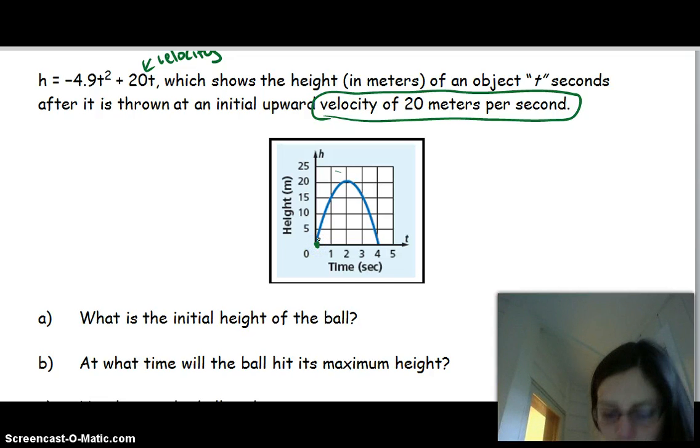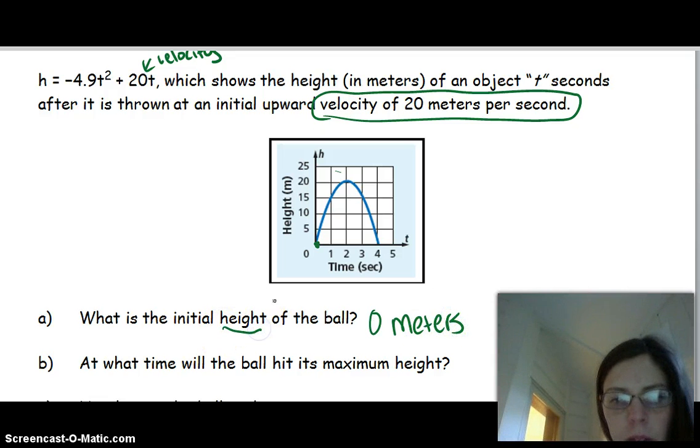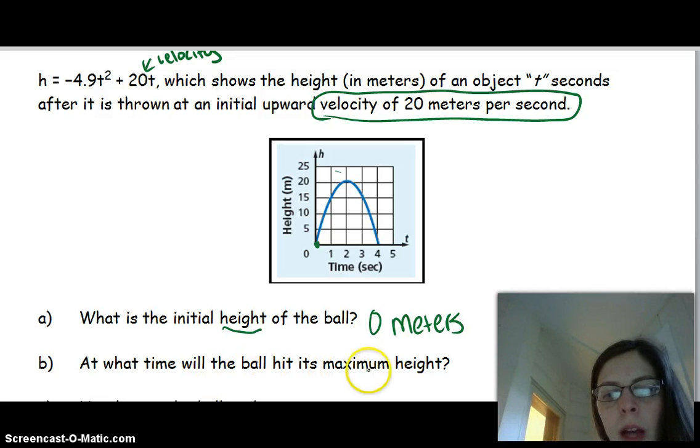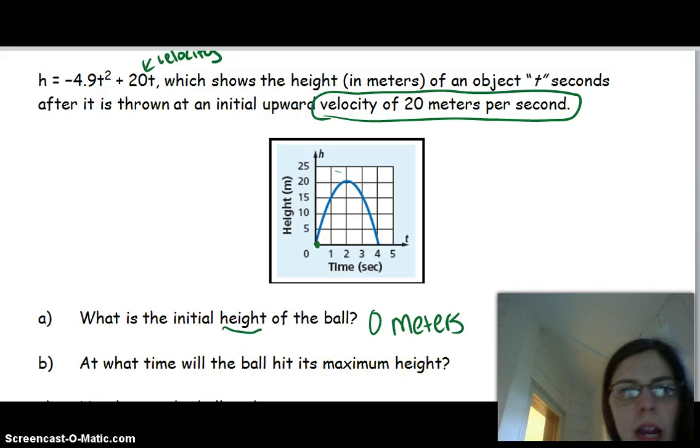It starts at 0 meters because we're talking about height. And it says, at what time will the ball hit its maximum height? Now we're looking at time. Maximum height is right here, and my time is at 2 seconds.